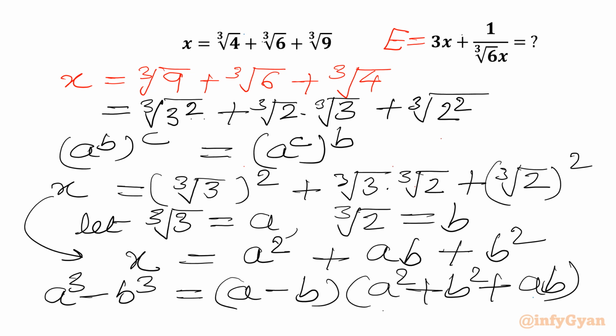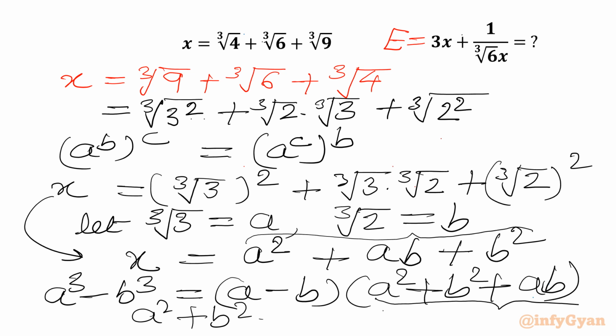So here we can replace by writing a cube minus b cube. Let us write a square plus b square plus ab equal to (a cube minus b cube) divided by (a minus b).